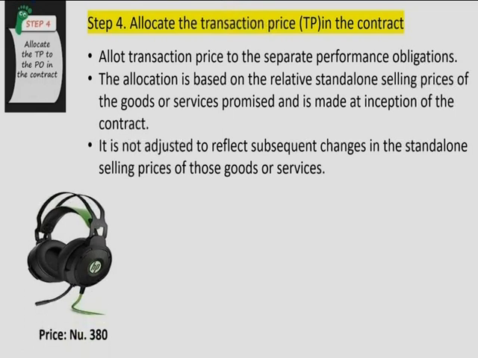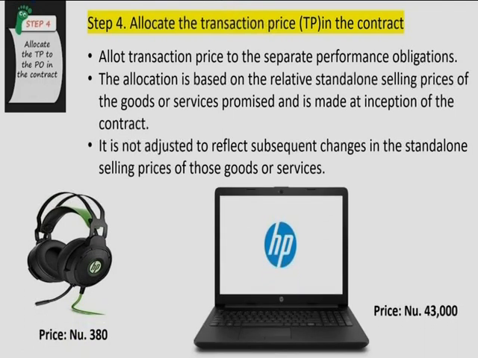Now you have to do the allocation. Our contract was to deliver laptops and headphones, so you have to segregate this transaction price into these two parts. What is the cost of headphones and what is the cost of the HP laptop? The HP laptop is 43,000 and the price of the headphone is 380. So this is how we allot the transaction price.